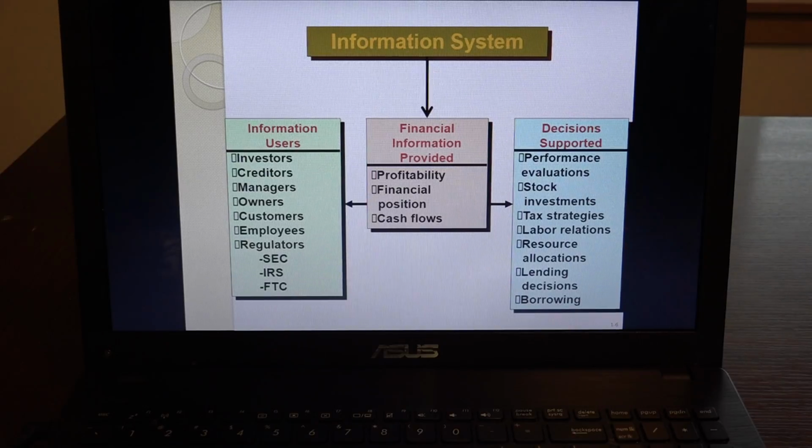Now, this shows you how financial information is provided by the information system, the accounting system.